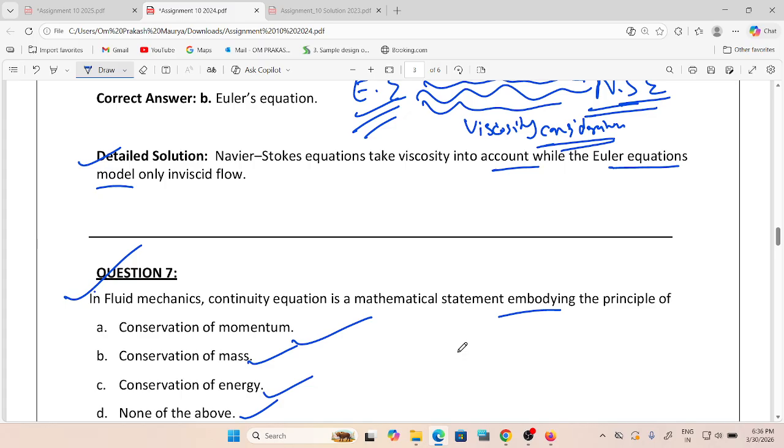So it is conservation of mass. Remember please, continuity equation: conservation of mass.